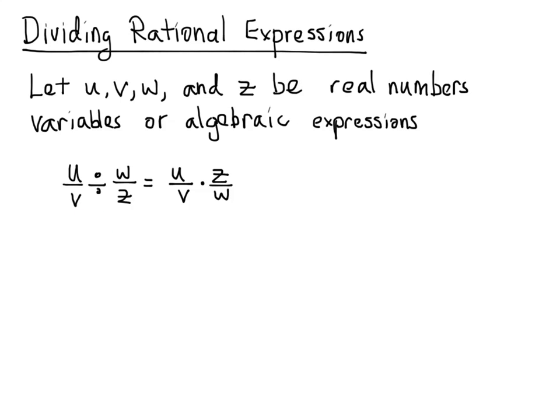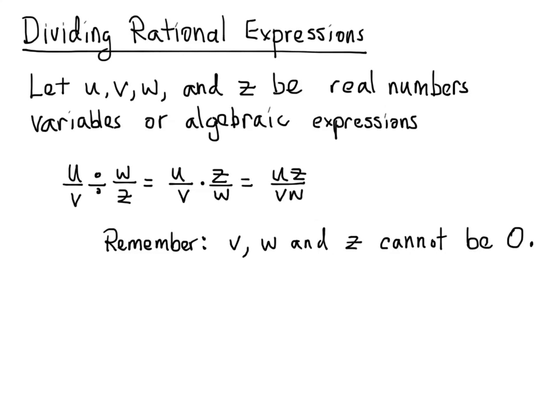It's the same thing as saying 1 divided by 2 is the same thing as 1 times 1/2. We take that 2 and make it a 1/2. Of course, once we simplify it, we have to worry about u, w, and z, which can't be 0.